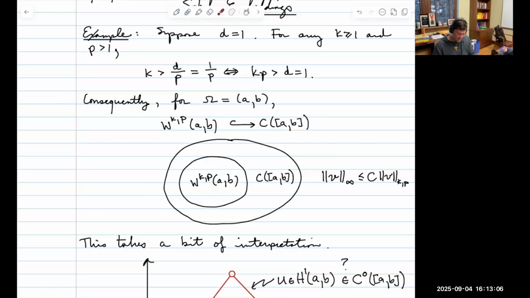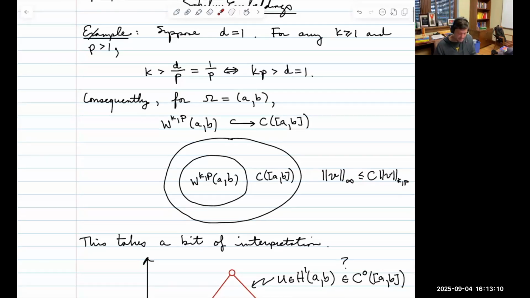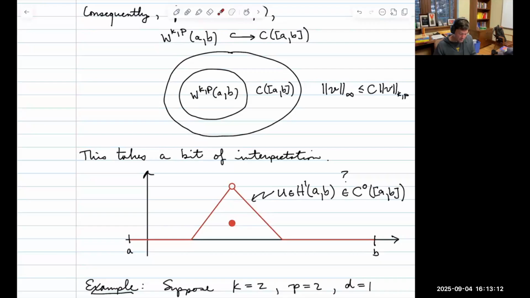Now, this is a bit puzzling, and it takes a little bit of creativity to understand, because normally functions that are in the Sobolev spaces should be interpreted in the same way as L^P functions. In other words, if we redefine the points of a function from that space on a set of measure 0, it doesn't change that function essentially.